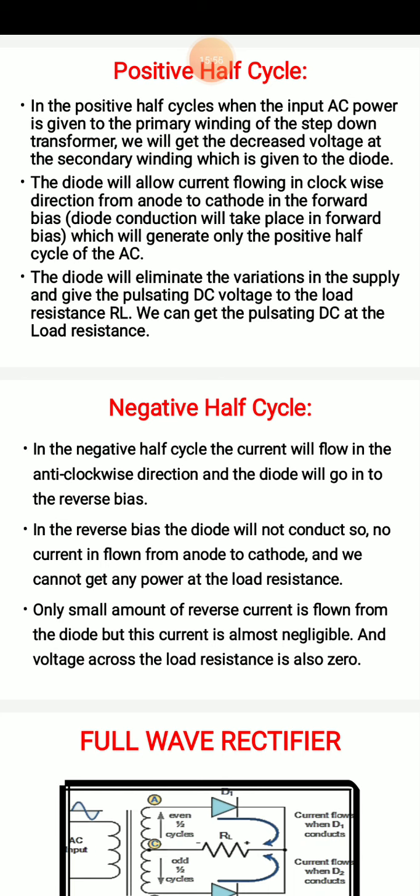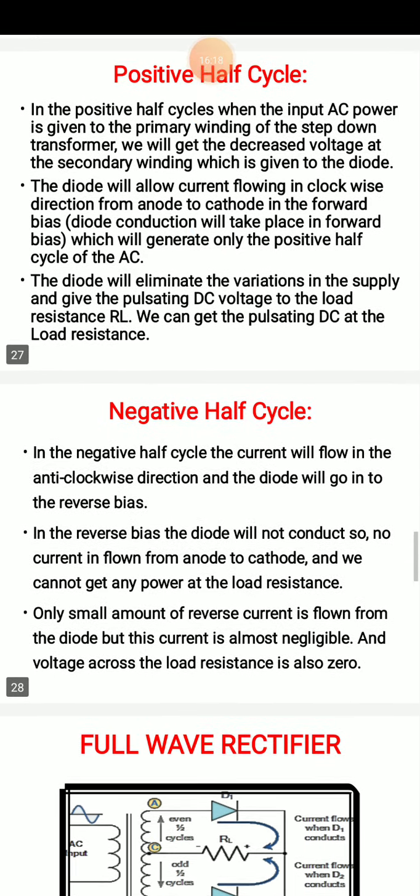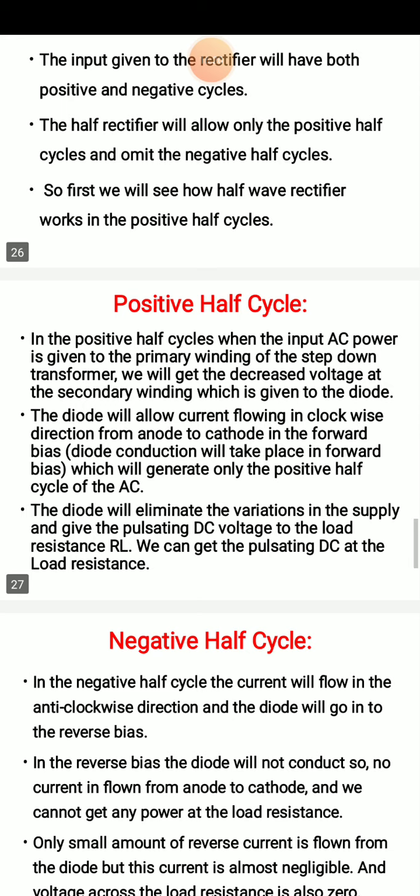That is, the diode conduction will take place in forward bias only, which will generate only the positive half cycle of the AC. The diode will eliminate the variations in the DC supply and give the pulsating DC voltage to the load resistance RL. We can get the pulsating DC at the load resistance. This is the normal working of a half-wave rectifier.